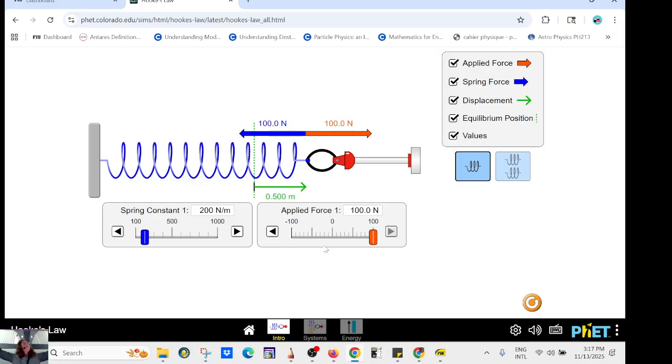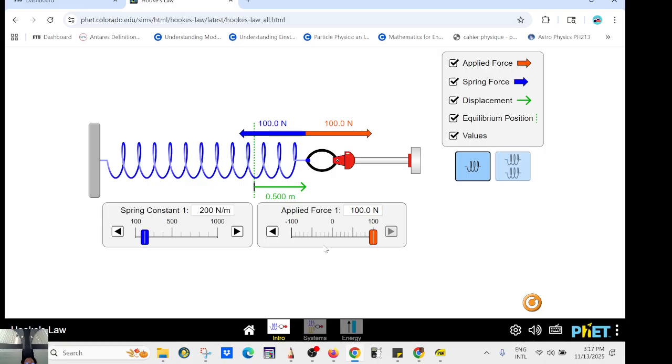I'm storing energy into the spring. Let's say it's a spring or resistance band, right? So it's called potential energy. Potential energy can be restored. I can turn that into kinetic energy. So I'm doing work, right? I'm applying a force over a distance. I'm storing energy into potential energy, and that can go back to kinetic energy.